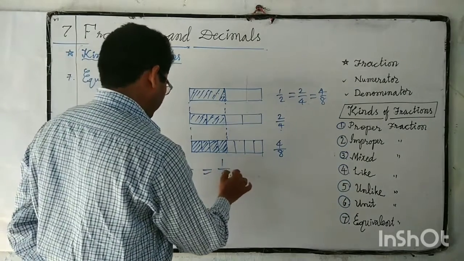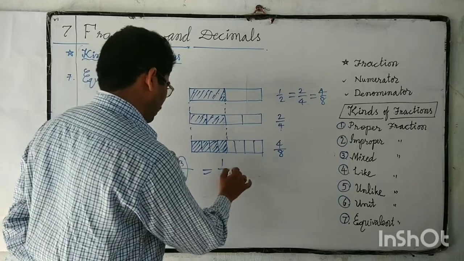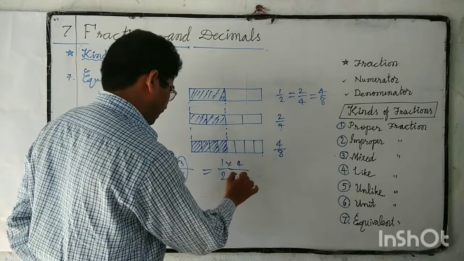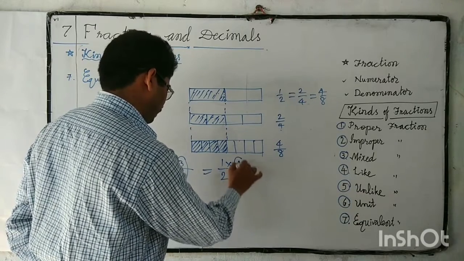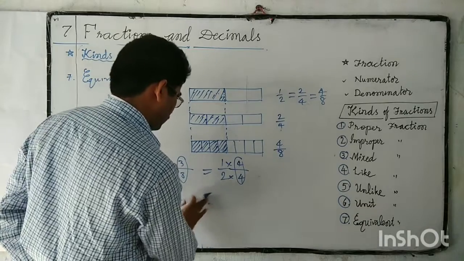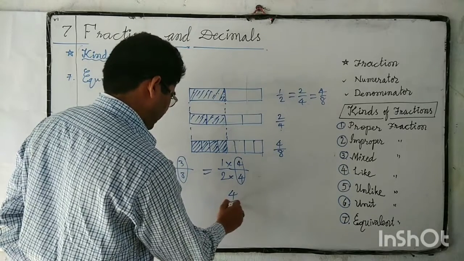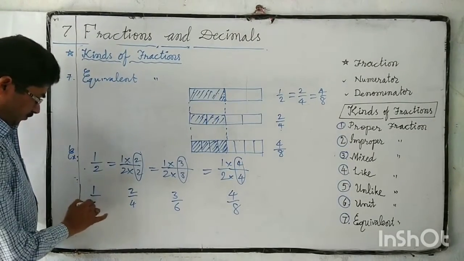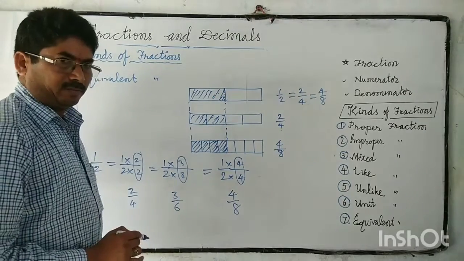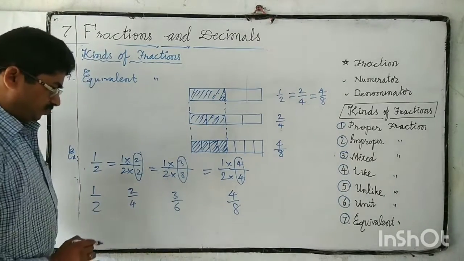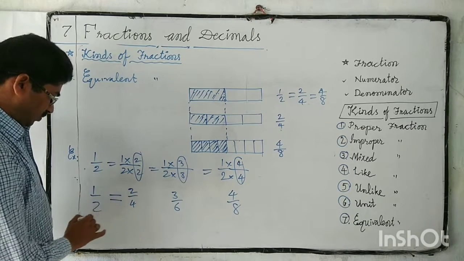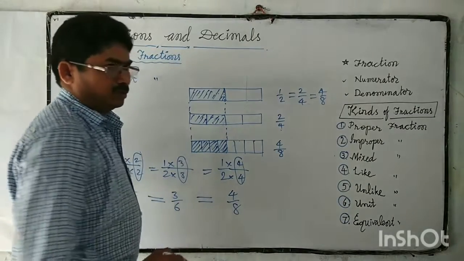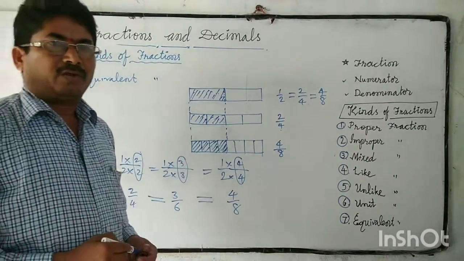Here I am multiplying both the numerator and the denominator by the same number 4. 1 4s are 4, 2 4s are 8. So we got these fractions. These all are same fractions. 1 by 2 is equal to 2 by 4 is equal to 3 by 6 is equal to 4 by 8. So these are called equivalent fractions.